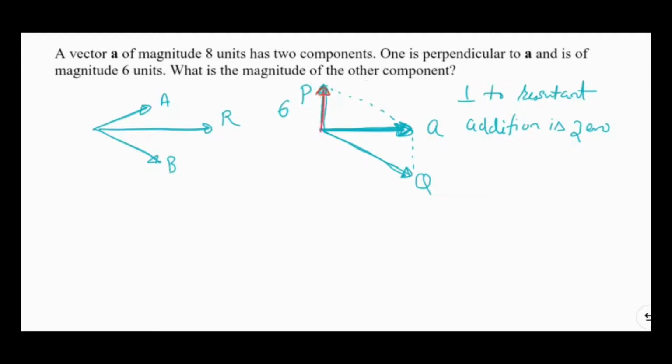One is already perpendicular and one is at some angle. So let us assume this angle is theta and the magnitude of this vector is x. So its component in the perpendicular direction should be x sin theta.